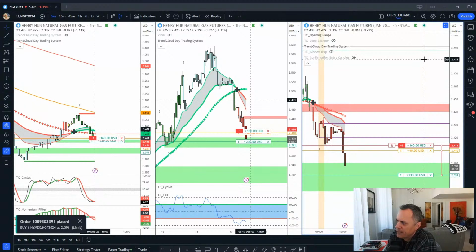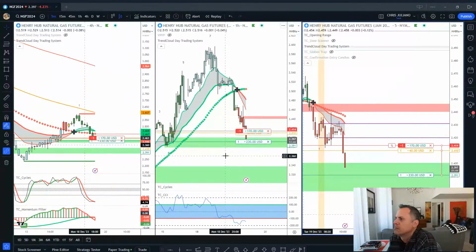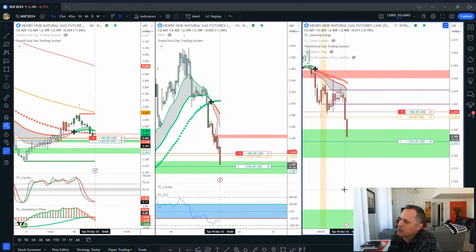is a demand zone, right? So that is a demand zone. And looks like we're going to make that target.